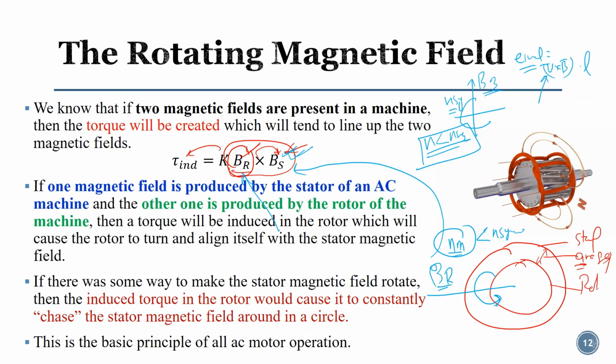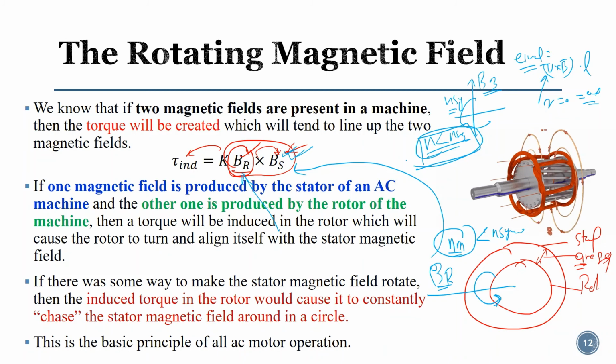But to induce the voltage, we need relative motion. So V will become zero, and there will be no induced voltage in that case. So the actual speed of the rotor will always be less than the synchronous speed.